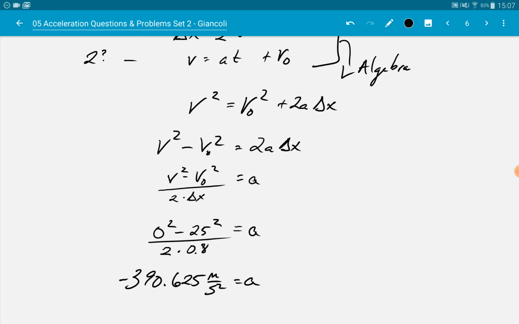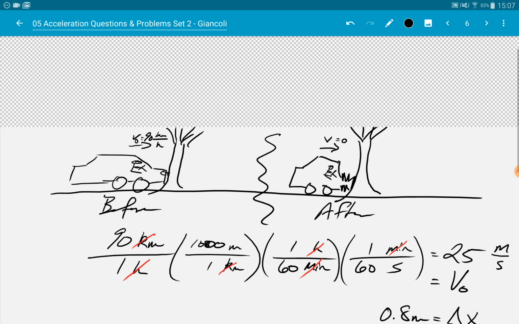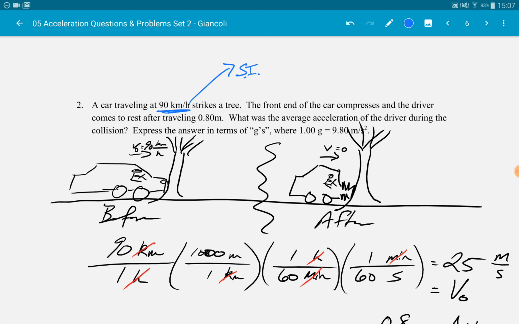Okay, so first you might ask, why is it negative? Did I expect it to be negative? Let's look back up at our problem. Our velocity is going to the right at the beginning, and then at the end it's not going anywhere, so there is no velocity. The only way to get from a velocity pointing to the right to a velocity that is not pointing anywhere is that it must be accelerating the opposite way while it's crashing.